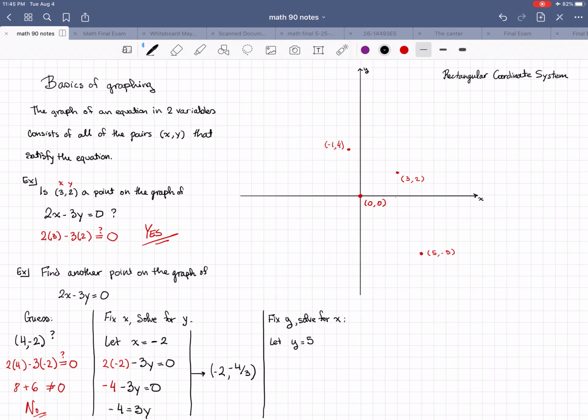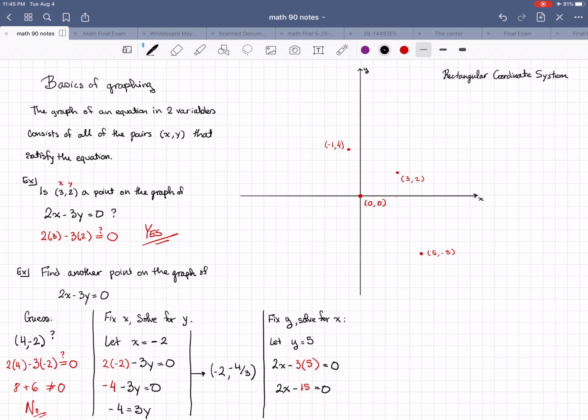So we have 2x, which is 2 times 5. Oops, we fixed y, not x this time. So 2x minus 3y, so 3 times 5. And we want that to be equal to 0. So we have 2x minus 15 is equal to 0.